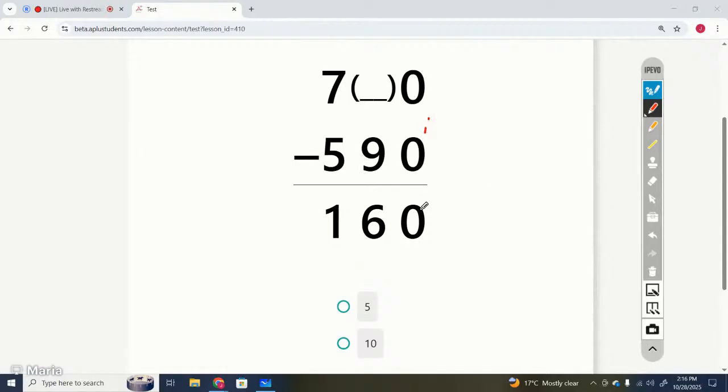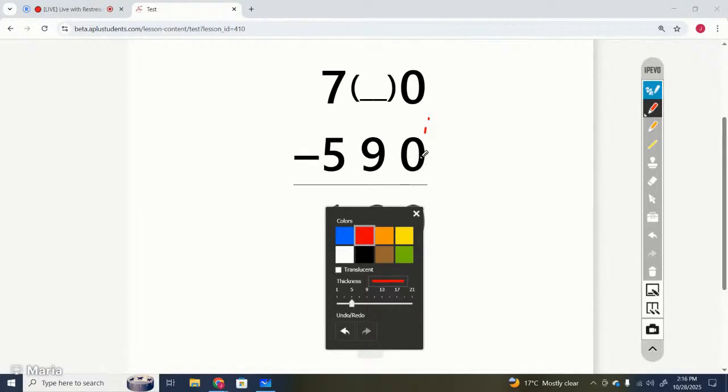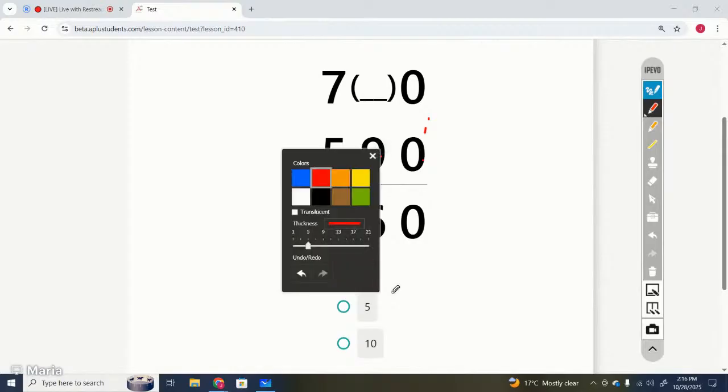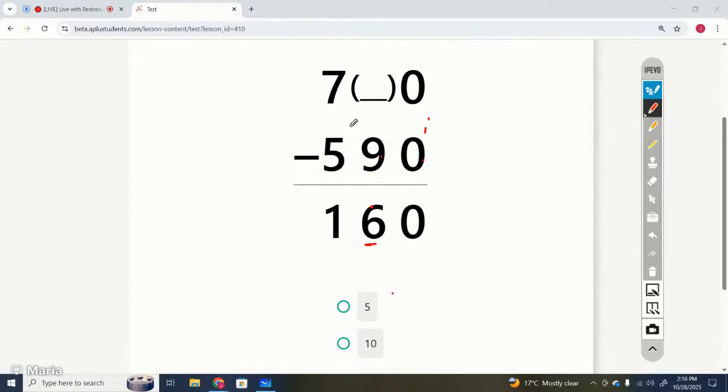We need to subtract. 0 take away 0 is 0. So what number minus 9 is 6? This number is less than this one, right? Look at the options, we have 5 and 10. It must be 5. You can borrow 1 from here and 15 take away 9 is 6.